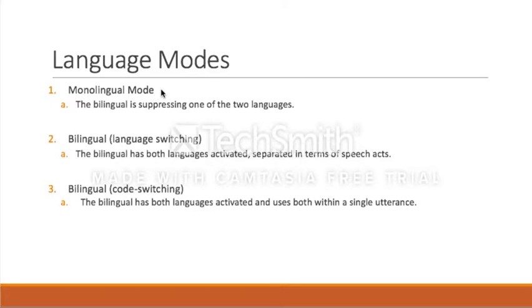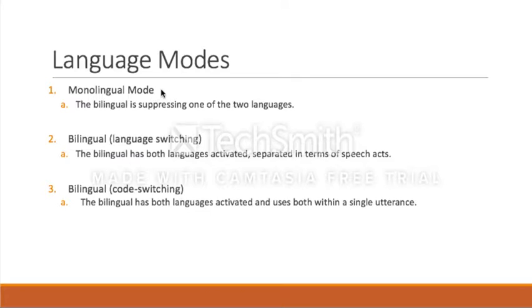If a bilingual is speaking with a group of monolingual speakers, it's not productive for them to switch languages because communication will not occur. The ideas are going to be lost because the interlocutors are not going to understand the information being conveyed in the second language that they don't understand.